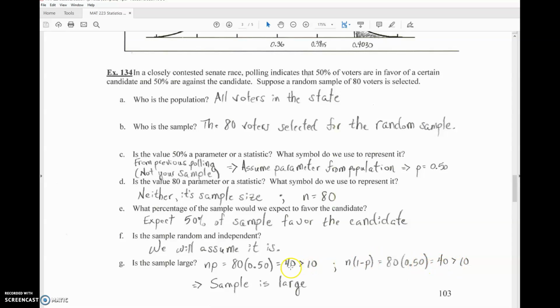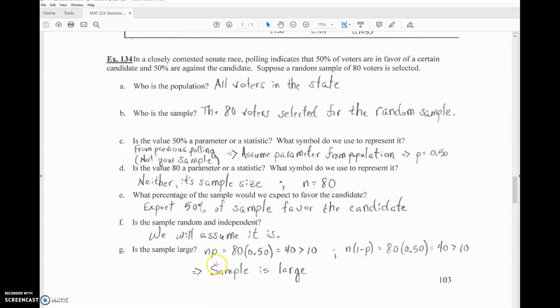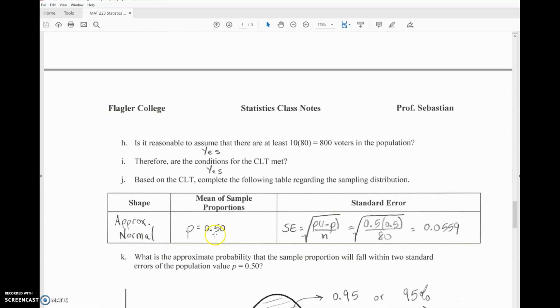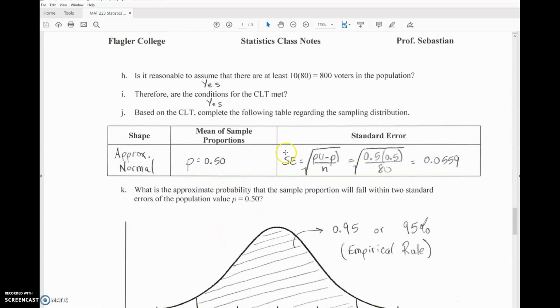So we should expect to get around 40 yeses and about 40 noes as far as favoring the candidate. That means the sample is large because they're both more than 10. Now, is it reasonable to assume that there are more than 10 times our sample size in the population of voters? Certainly, there have to be more than 800 voters in that population. So the conditions for the central limit theorem are met.